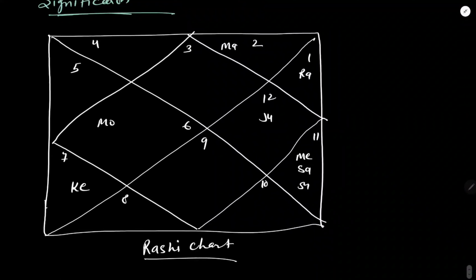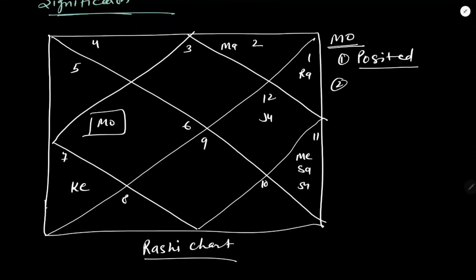Moon first gives the results of where it is posited. In other words, the moon will first give the result of where it is an occupant, so it is in the 4th house. Second, it will give the result of its sign, the sign of the moon in this chart.